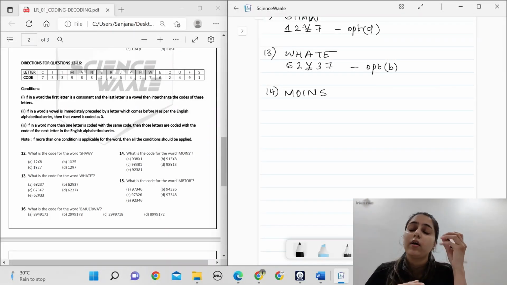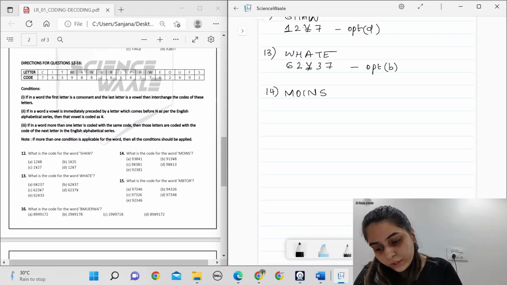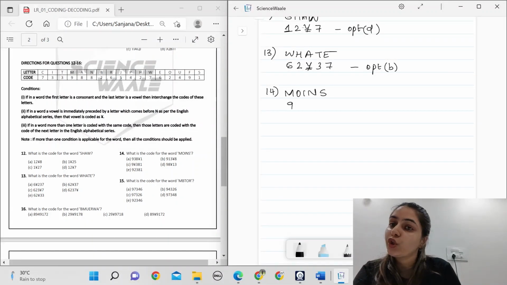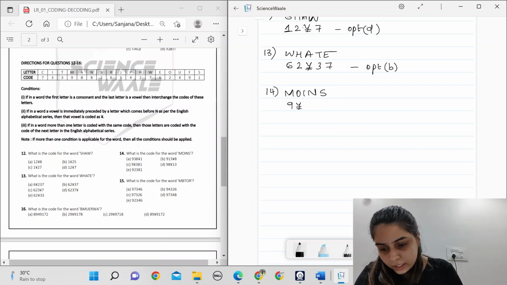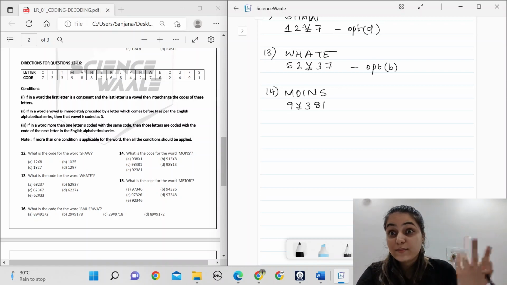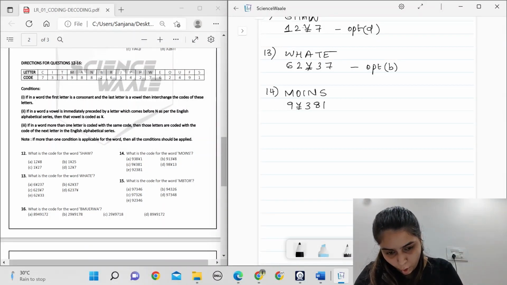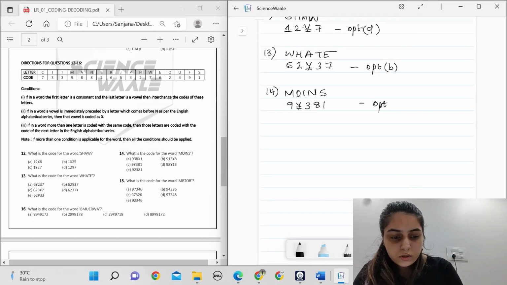So again we need to code that vowel as E. So the code for M is 9, O should be coded as E. The code for I is 3, the code for N is 8, and the code for S is 1. That's really simple, right? And the option 9E381, that is option C.